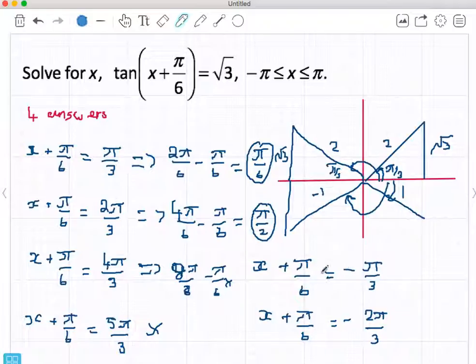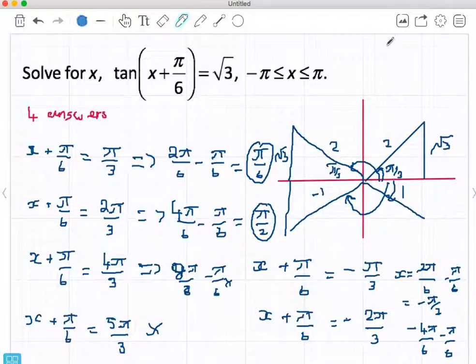And this one becomes minus pi over 3, which I'm going to turn into minus 2 pi over 6. Take away pi over 6 gives me negative pi over 2. You can just check that one. And you can see I'm running out of space here. And this one, which is negative 4 pi over 6, take away pi over 6, gives me negative 5 pi over 6.